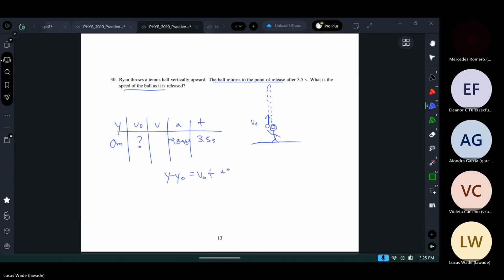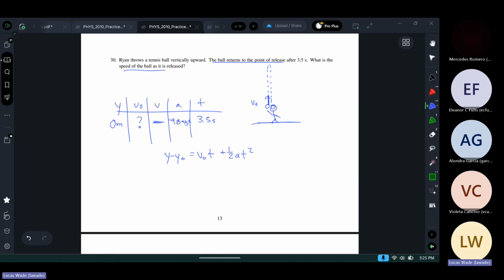Kinematics says I might pick this one, because that relates all the things I'm given, what I want, and not what I'm not given. But in this case, the question is, what is V0? So to solve for that is not quite as bad.